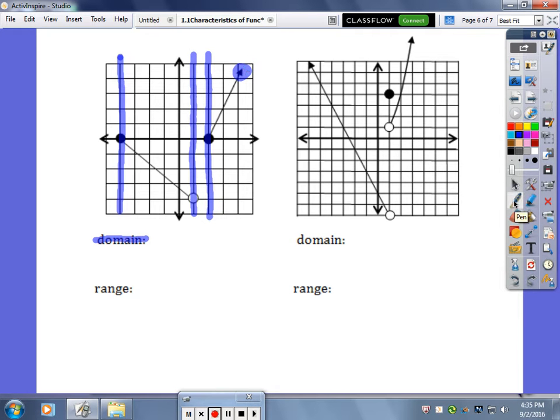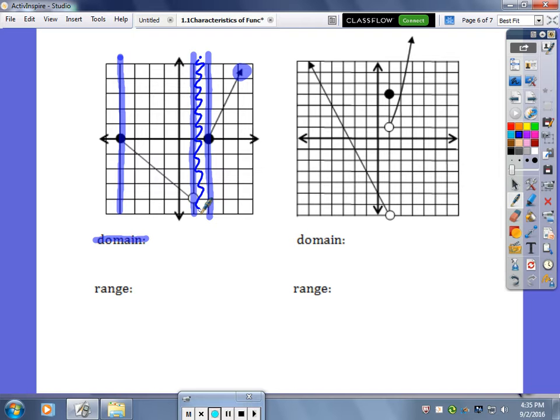This is what we call a discontinuous domain because there is a gap in here that's not part of the domain. And we have to describe it by describing each part separately, but together in one answer.